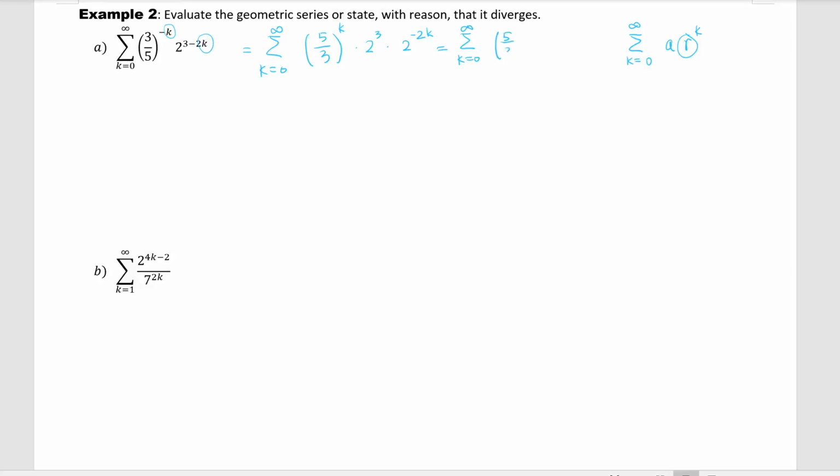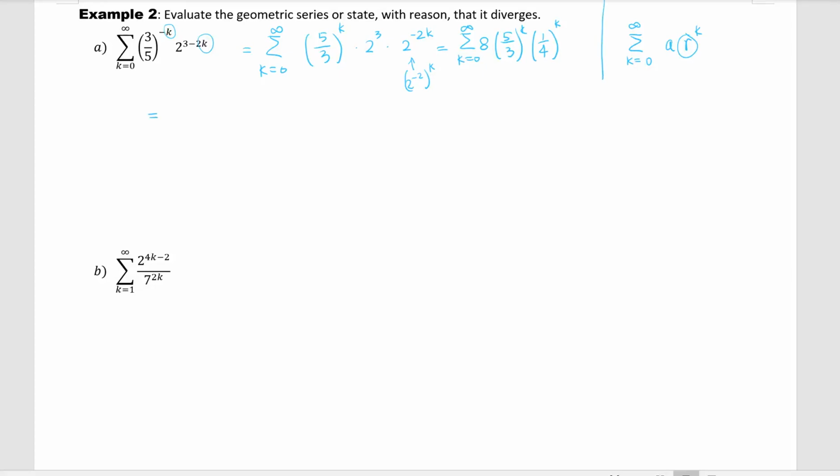So 5, 3. Okay, so here 2 cubed is actually 8. So you can actually put the 8 in front. And then what's next? This is like 2 to the negative 2 to the power of k. 2 to the negative 2 is in fact 1 over 2 squared, which is 4. Okay?